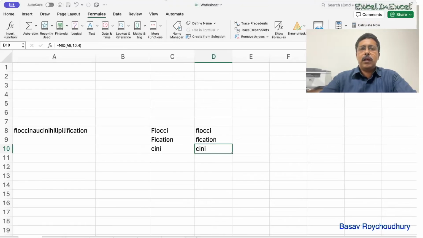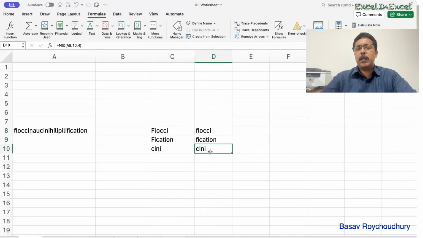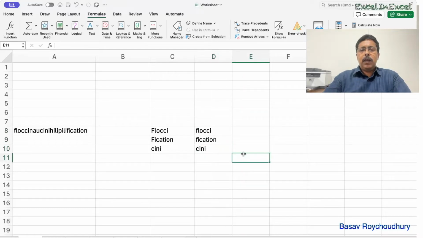So the first function that I talked about was concat. Now for example, let's say I want to concatenate these three words, floxy, cine and fication, so that my new word is floxycinification. In that case, I can write a function as equal to concat, that is concatenate, that means to join.